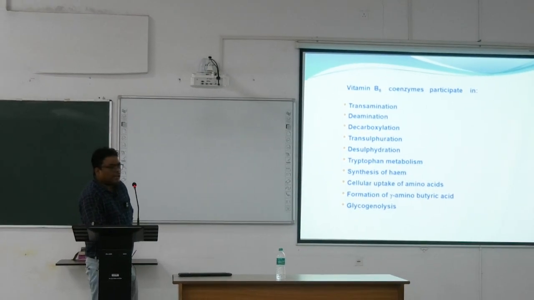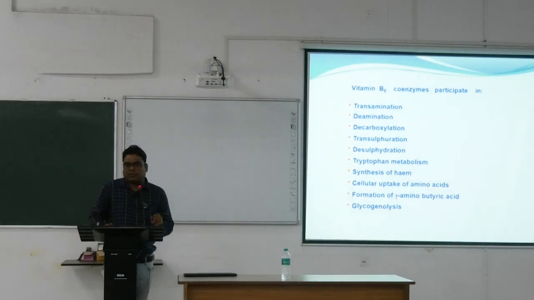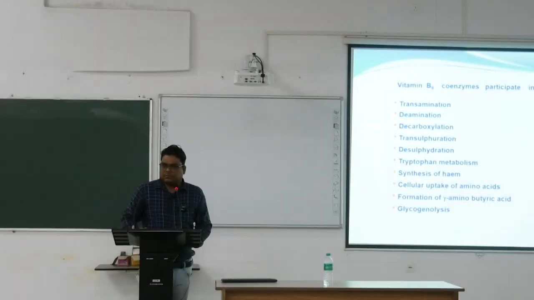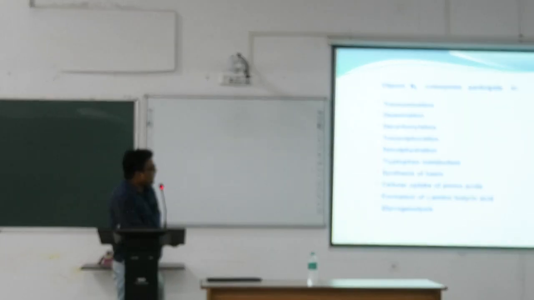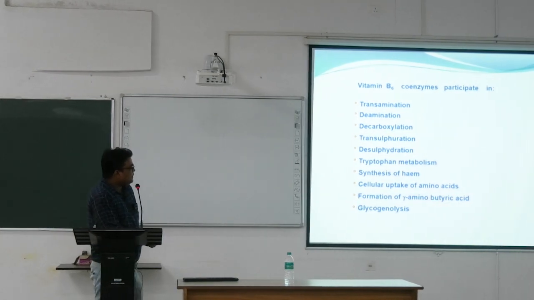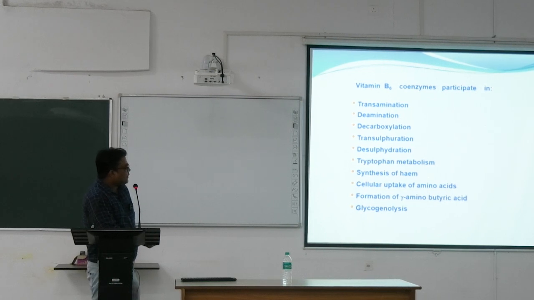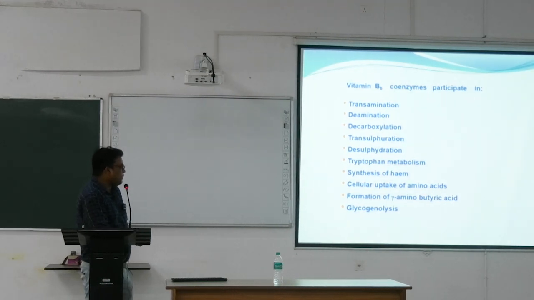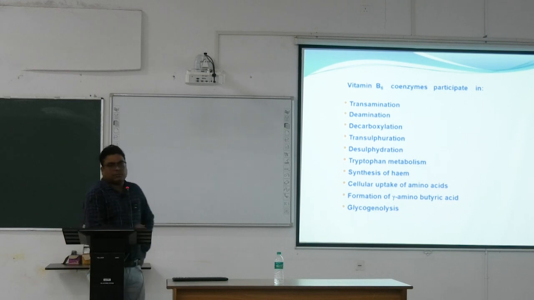First one is transamination. Transamination reaction is one of the important reactions of protein metabolism. Then deamination reaction, decarboxylation, transsulfuration, sulfhydration, tryptophan metabolism, synthesis of heme, cellular uptake of amino acid, formation of gamma aminobutyric acid, called GABA, and glycogenolysis.